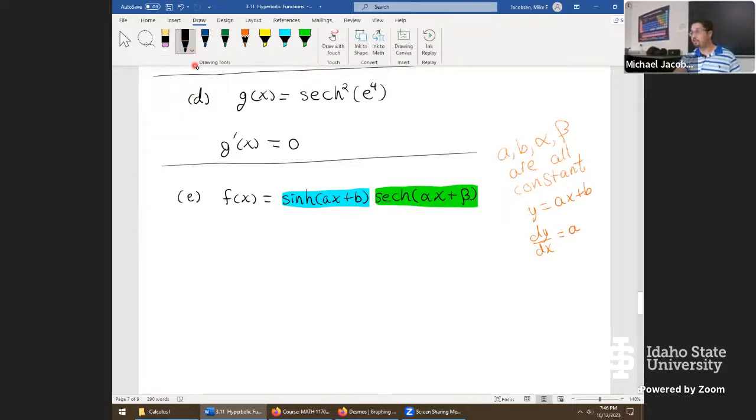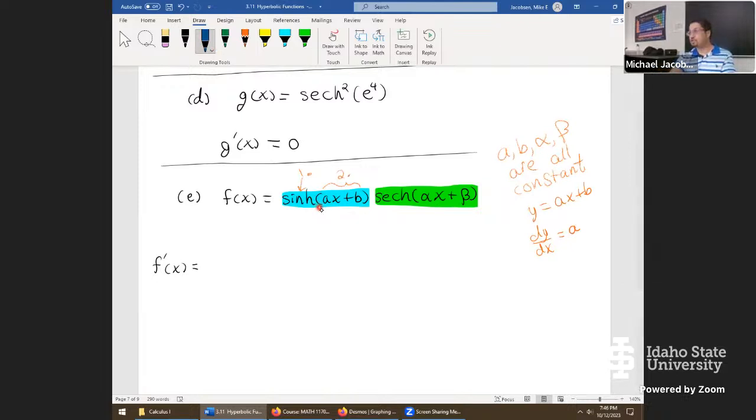Then we'll drop down to the derivative right away and say f prime of x equals, first I'll differentiate the hyperbolic sine right here. Well, first, even before that, let's recall it's a chain rule. This will be the derivative as the first one, the outer function, and this one will be the inner function we handle next.